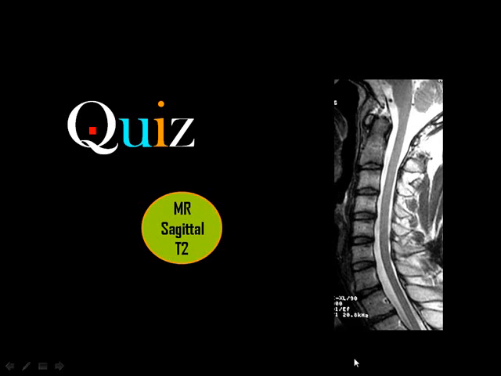The CSF anterior and posterior to the cord is okay. Anterior to the cord there is CSF, posterior to the cord there is CSF, the spinal canal is okay. If one of these CSF spaces is lost, then we are starting canal stenosis. This is the normal cervical spine.